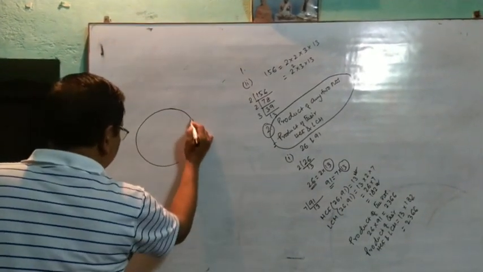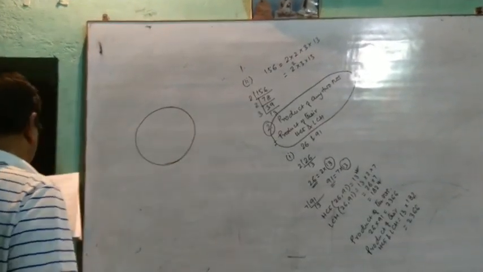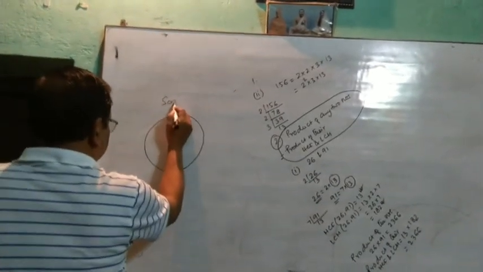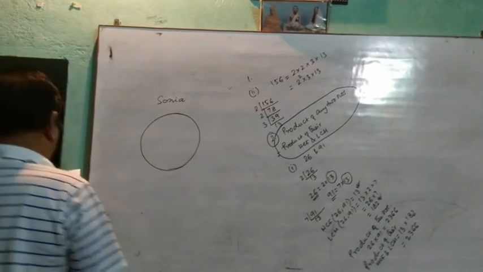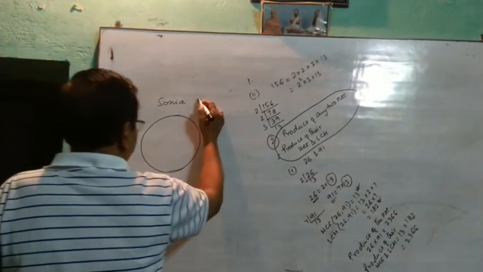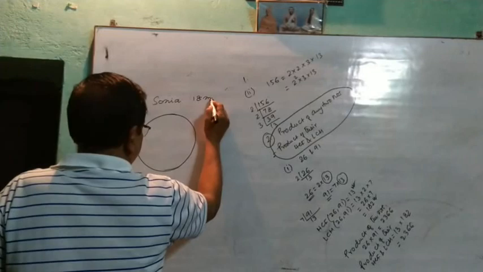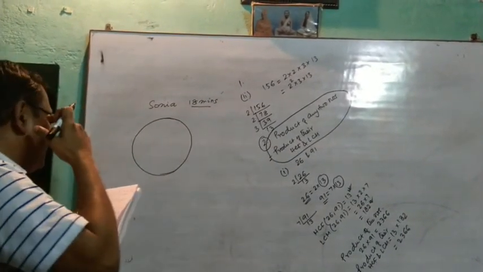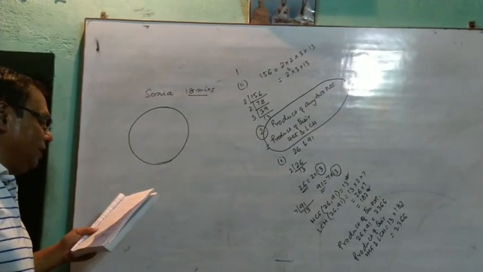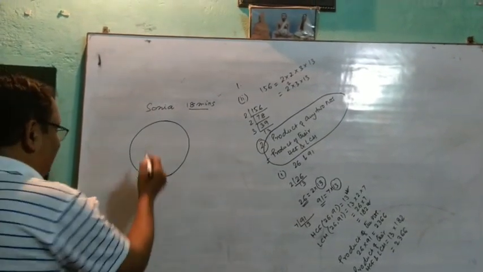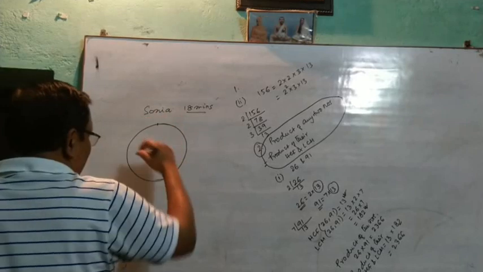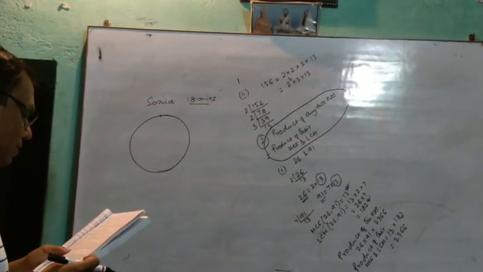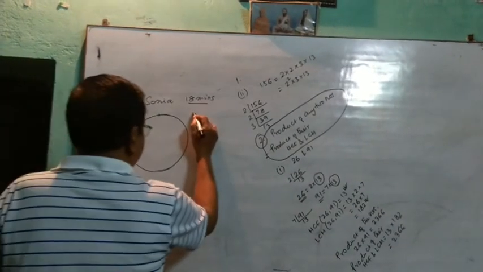Sonia takes 18 minutes to drive one round of the field. In order to complete one revolution, Sonia takes 18 minutes, while Ravi takes 12 minutes.